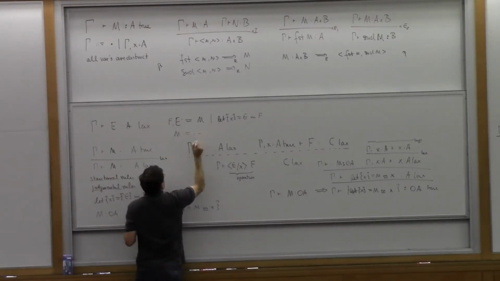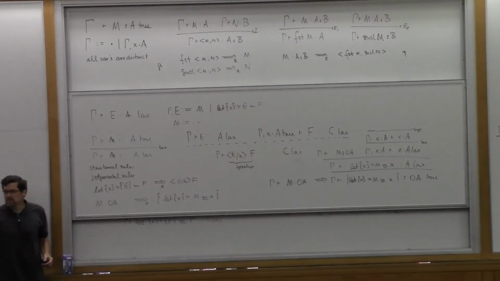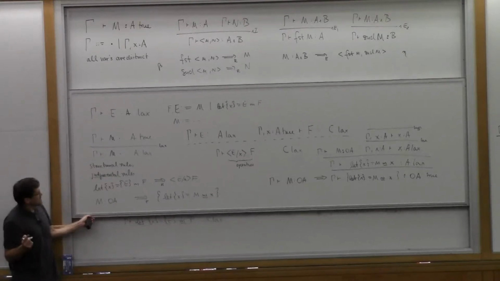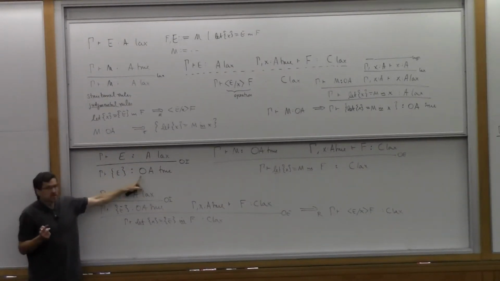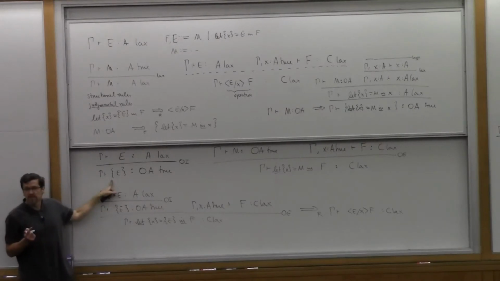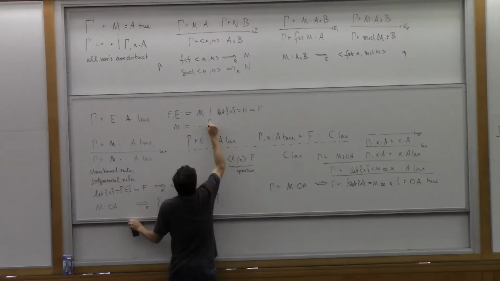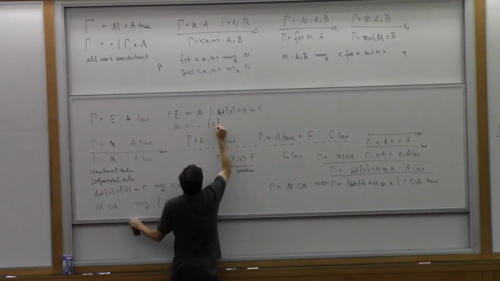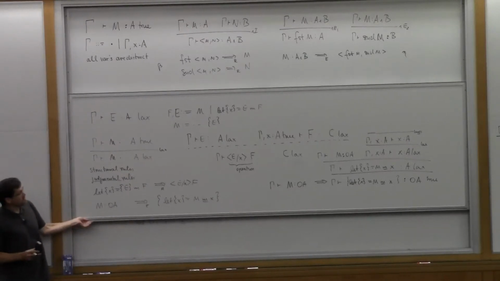Terms M were everything we had before, and there's just one new possibility, which comes from the circle introduction rule. It could be one of these computations, so it could be E. So that's the way our language of terms changes.